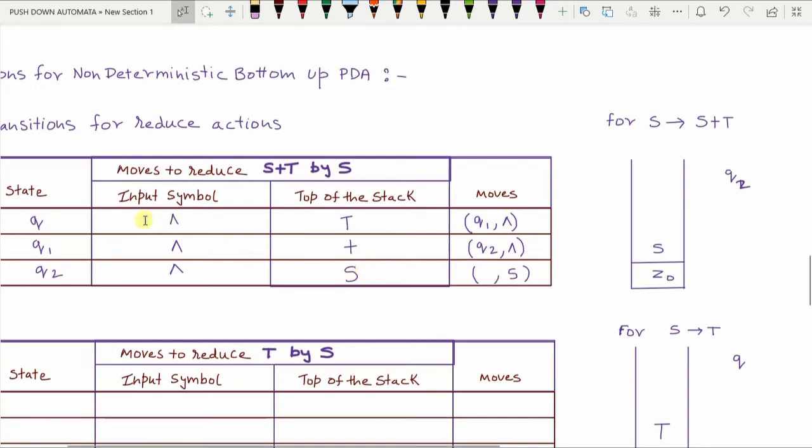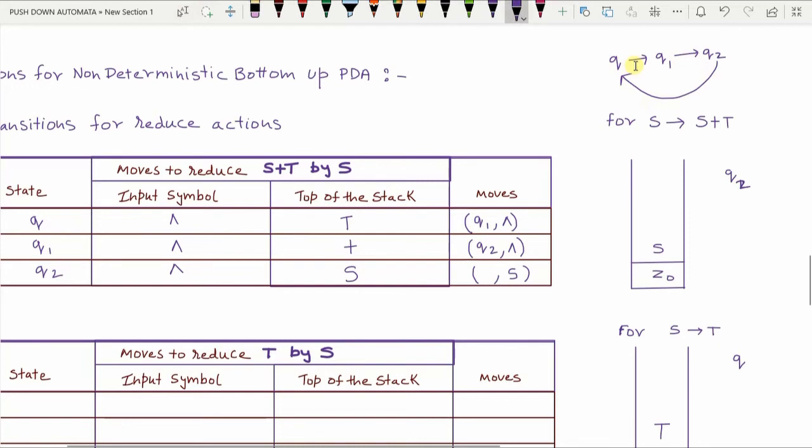Now remember, whenever you are going to do reduce actions, it should be a circular action. What it means is, I started with Q, from Q I went to Q1, from Q1 I went to Q2, and once the reduction is done I should be able to come back to state Q. So you start with Q, then you can go to Q1, Q2 based on the reduction steps, and finally once the reduction is done I should be coming back to this original state Q, in circular fashion.